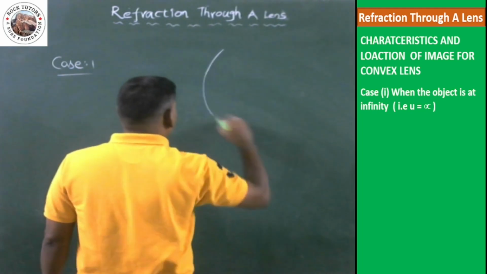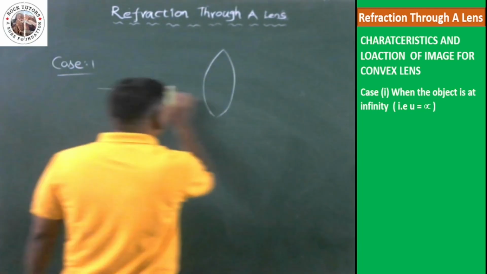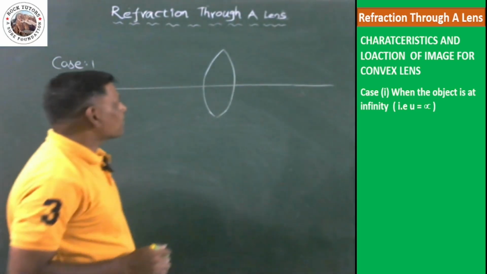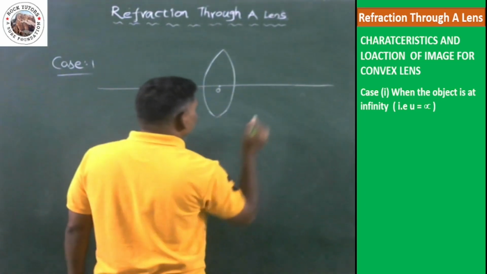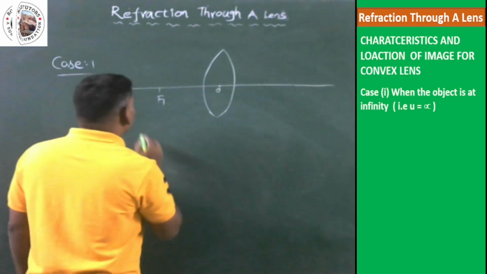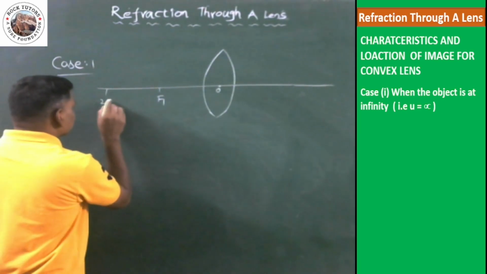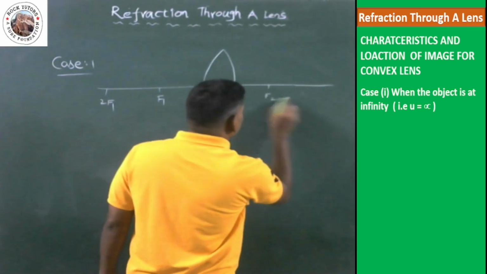To draw the ray diagrams, carefully observe. We label the points. This is the optic center. This side is F1 and this is 2F1, F2, 2F2.